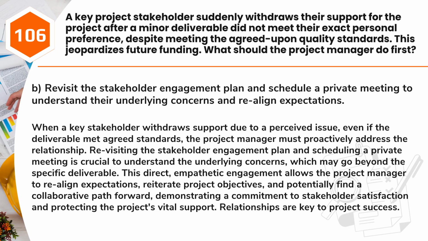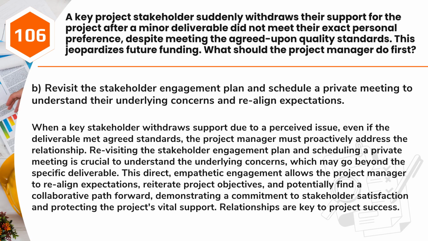Answer: B. Revisit the stakeholder engagement plan and schedule a private meeting to understand their underlying concerns and realign expectations. When a key stakeholder withdraws support due to a perceived issue, even if the deliverable met agreed standards, the project manager must proactively address the relationship.